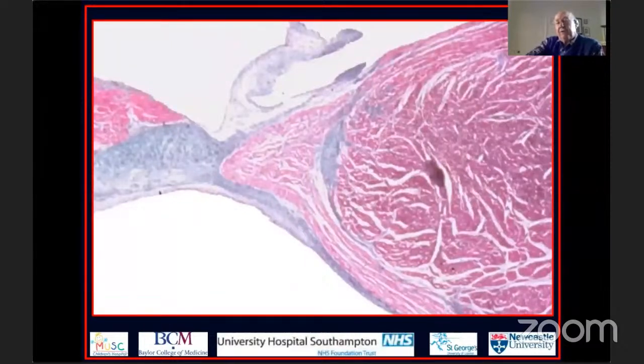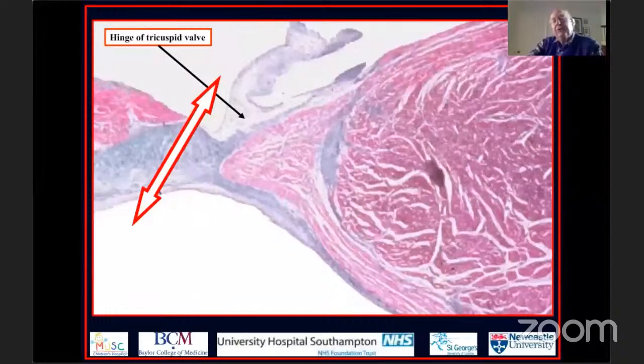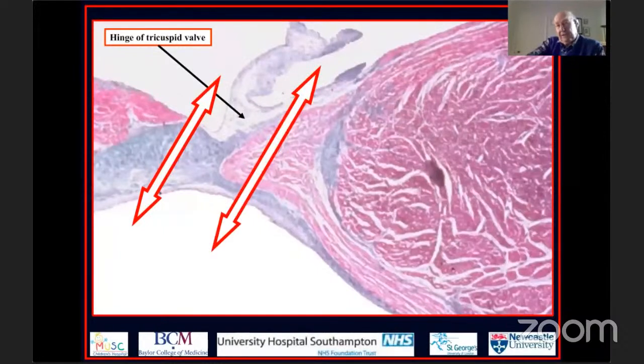But the other important part of the membranous septum is that penetrating through the atrioventricular component to reach the interventricular component is the conduction axis. So there you see the hinge of the septal leaflet of the tricuspid valve. I'm showing you to your left hand the atrioventricular part of the septum, to your right hand the interventricular part.